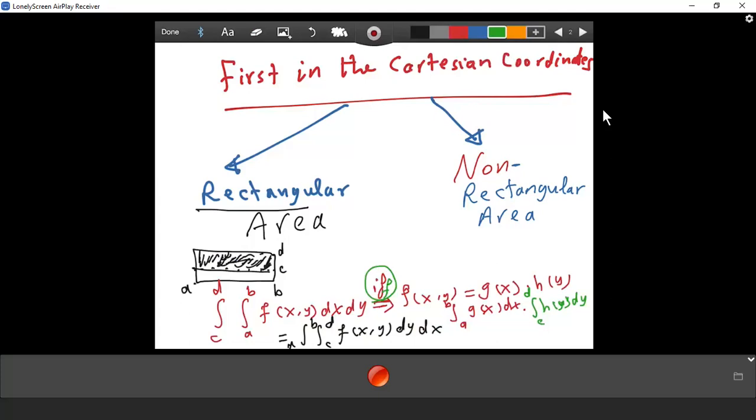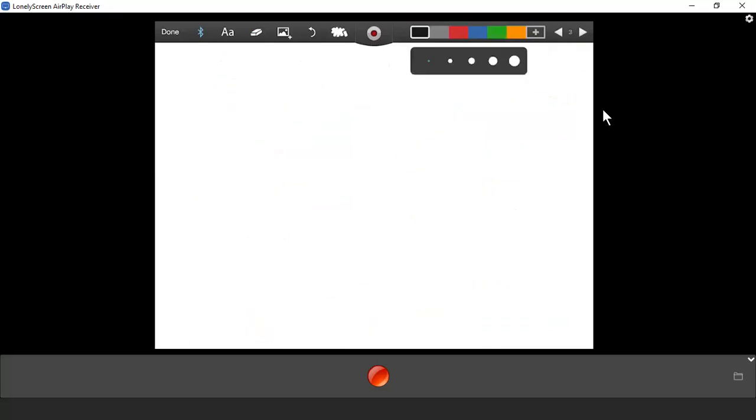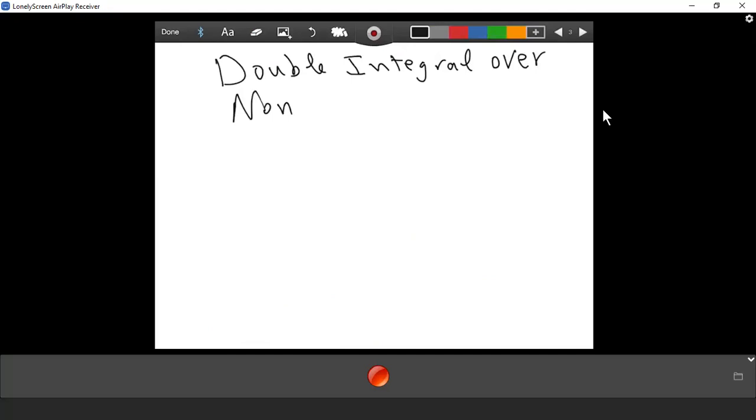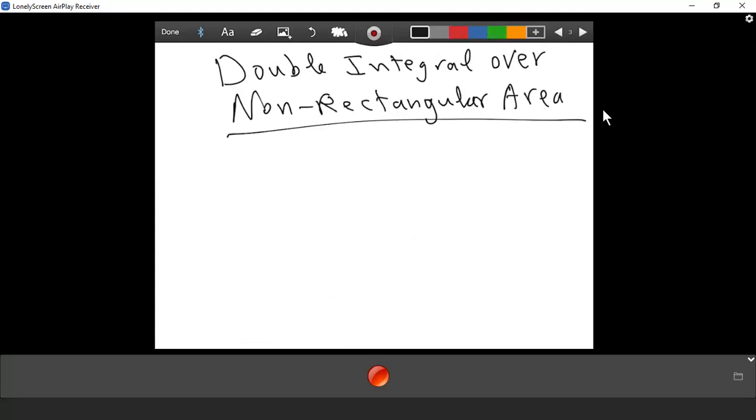Let's go to the next step: double integral over non-rectangular area. By the way, before I start, non-rectangular area doesn't mean curvature only.